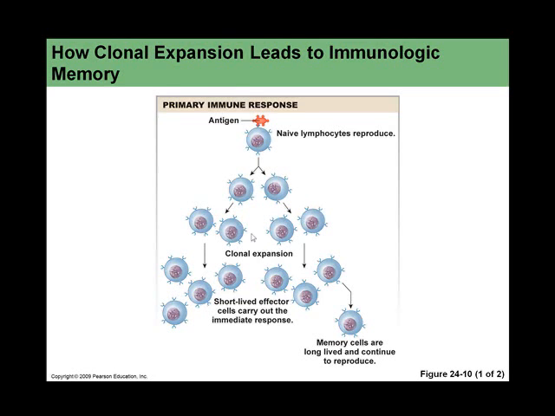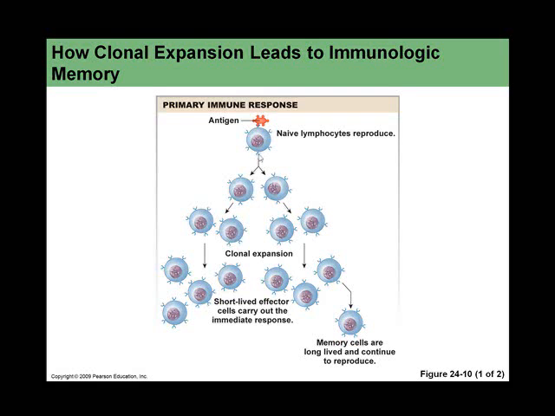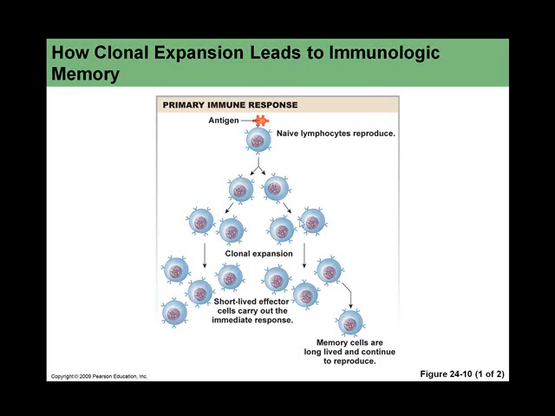And as they are reproducing, you notice that they produce this half-moon marker on the surface, and through this initial clonal expansion you get short-lived effector cells that carry out the immediate response.